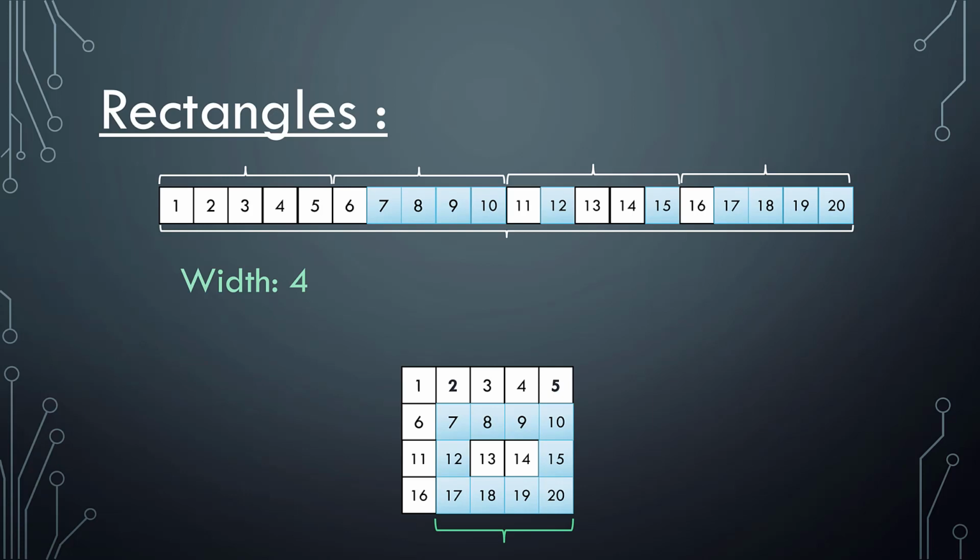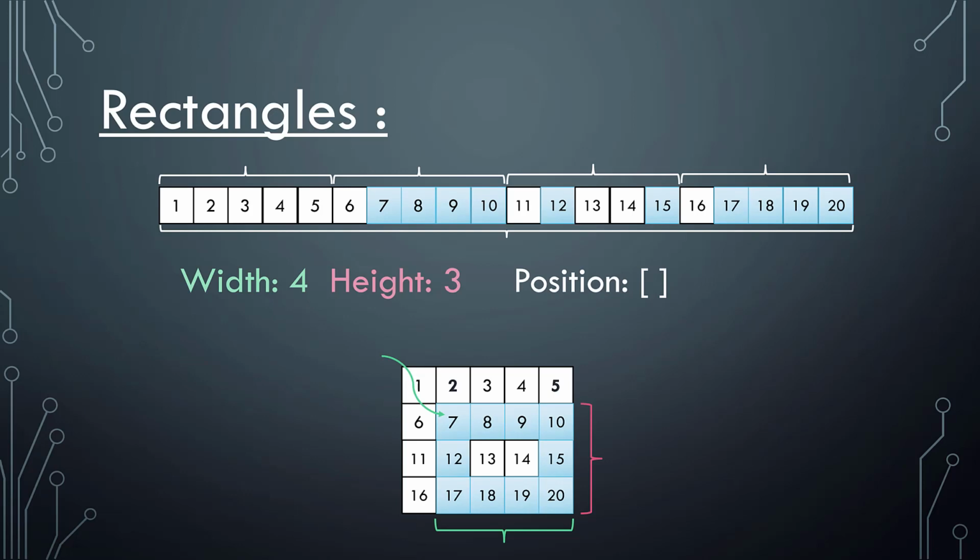Let's say usually we get a rectangle in the form of something that has a width and height, and it starts at a certain position on the screen. This frame buffer, this screen, starts at the top left. It's pretty common, but it could also start at the bottom left.